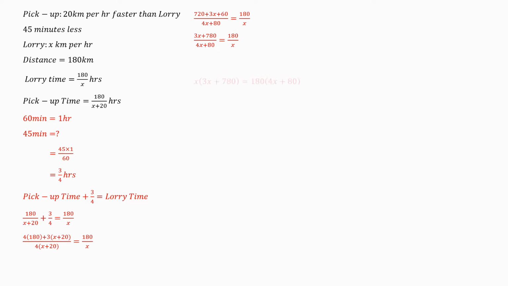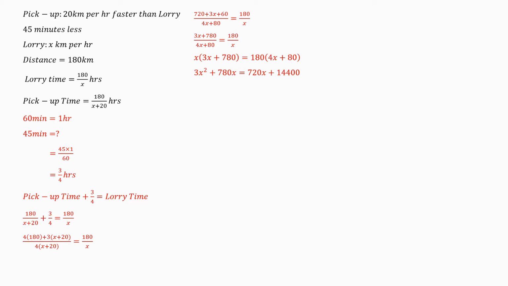Then we cross multiply. We have x into 3x plus 780 is equal to 180 into 4x plus 80. Open the brackets, we have 3x squared plus 780x is equal to 720x plus 14,400. Then we form a quadratic equation by moving all the terms to the left hand side of the equation.